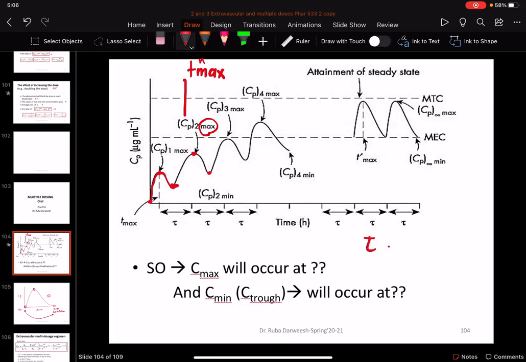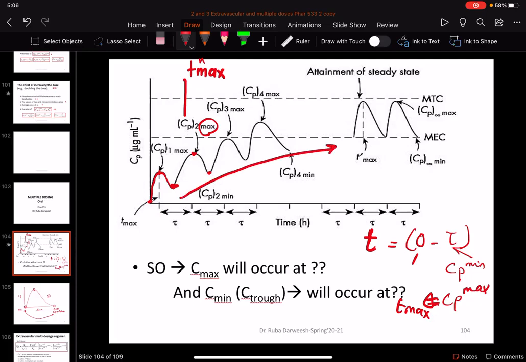The time of each dose ranges between 0 to tau, okay? Tau is the Cmin of that dose, and the maximum would be at time equal Tmax.